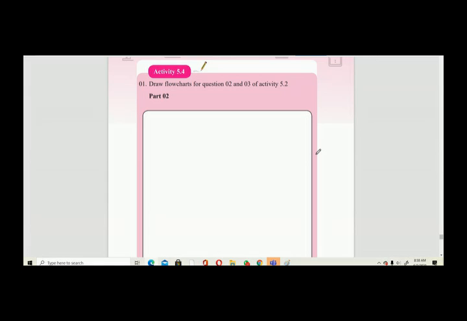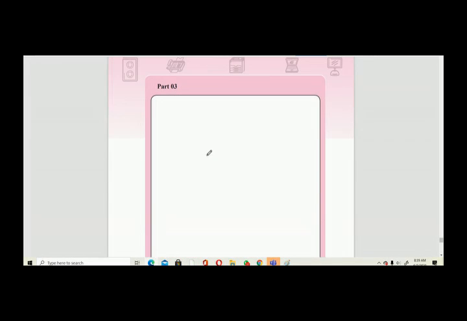What I want you to do is next we will draw a flow chart to find the total of given three numbers. Here in the next space, you have to find the total of given three numbers.